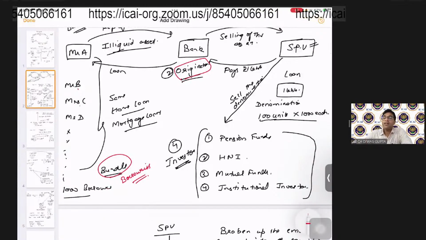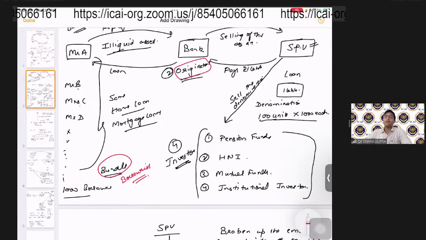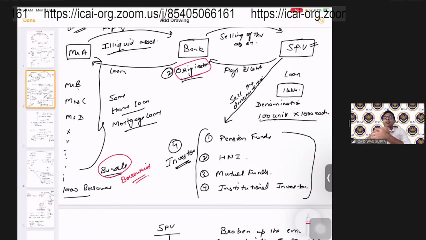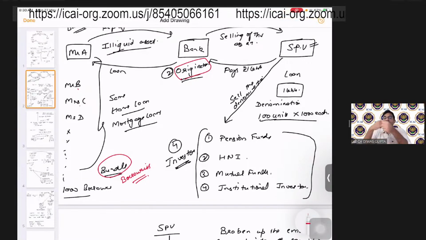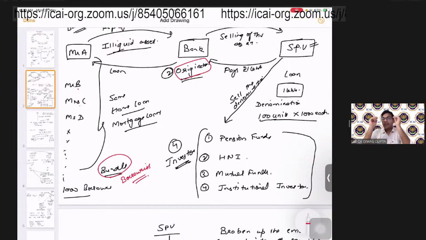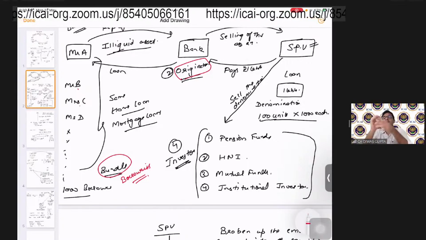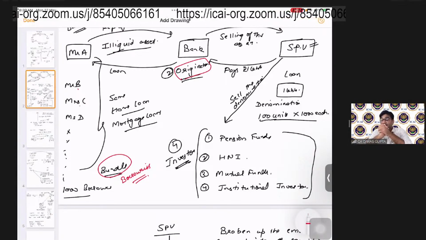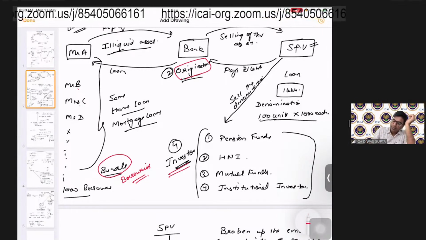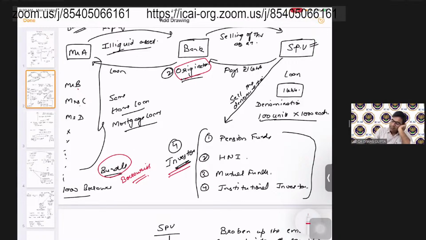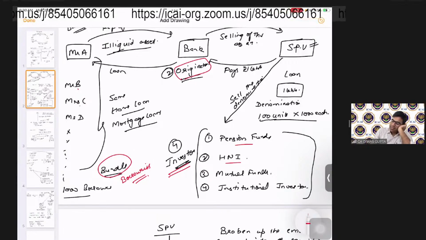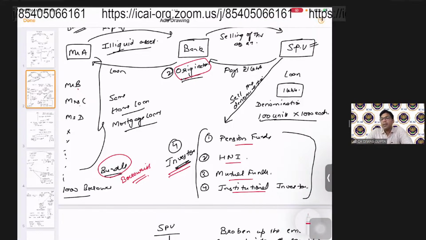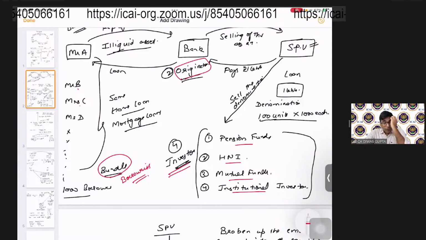And what SPVs do in turn is create smaller securities for these loans that have been purchased from the bank, and these securities will be given to investors. These investors are in the form of pension funds, high net worth individuals, mutual funds, and institutional investors, students, who have a good amount of money to invest.